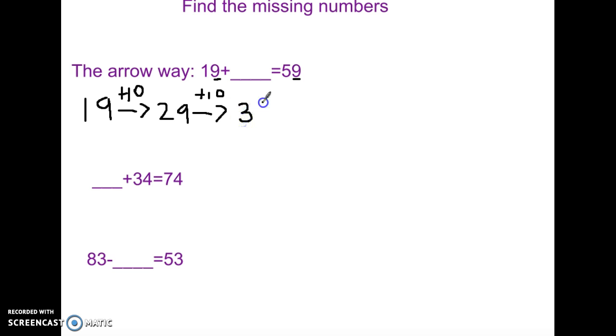Am I at 59 yet? No. Keep going. Draw another arrow, plus 10. Oops. Equals 49. Am I at 59? Nope. Keep going. Another arrow, plus 10. What does that equal? 59. All right, I'm there. I'm at my answer.